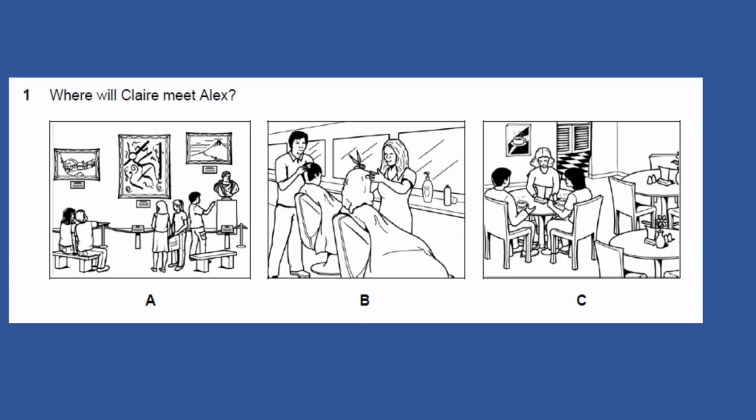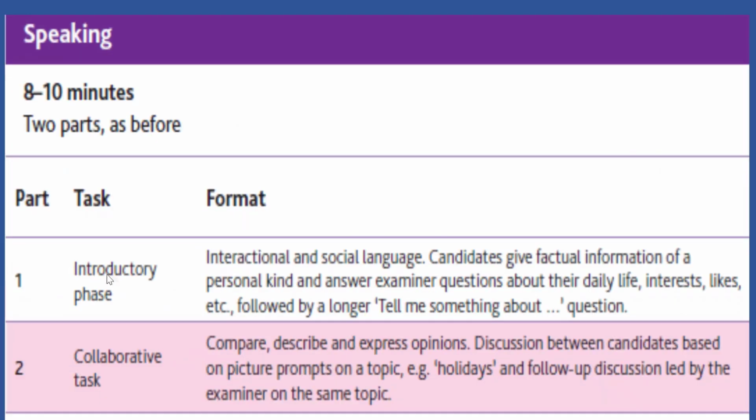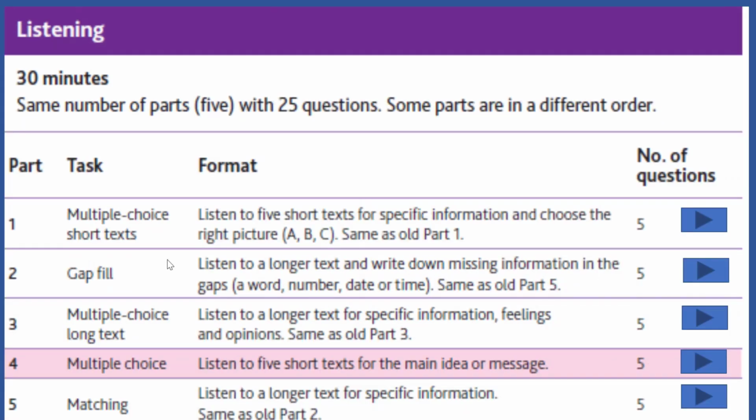Let's see an example. Here, students are going to listen to a short recording and answer the question, where will Claire meet Alex? And you have here 3 different places, and they should choose the right one. Part 2, we have a gap fill exercise.